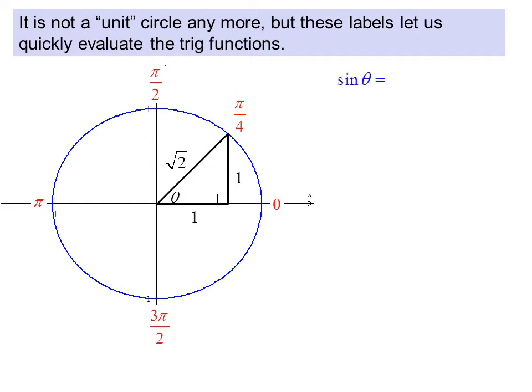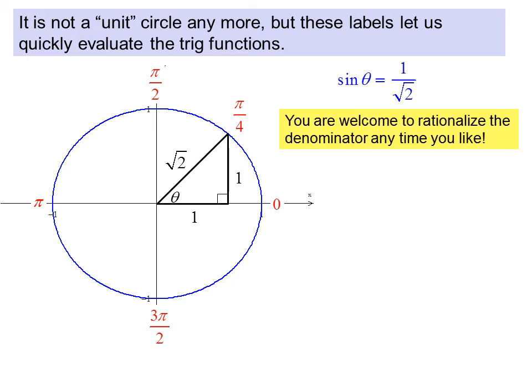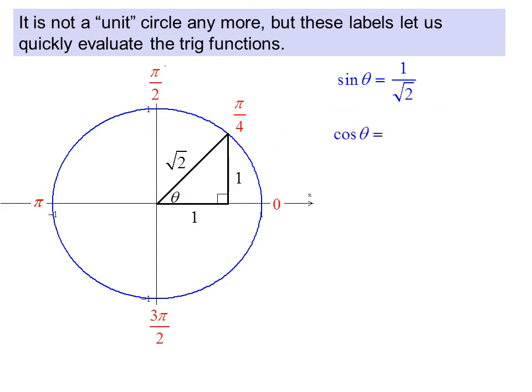Sine theta equals 1 over radical 2. You're welcome to rationalize the denominator anytime you like, but usually we don't have to. Cosine theta equals 1 over radical 2.